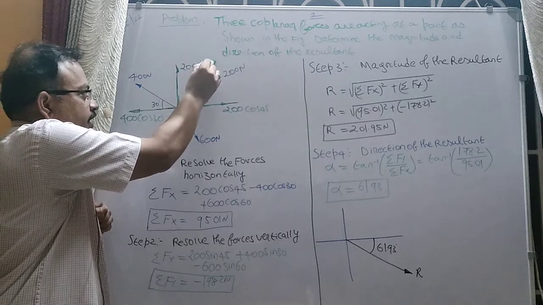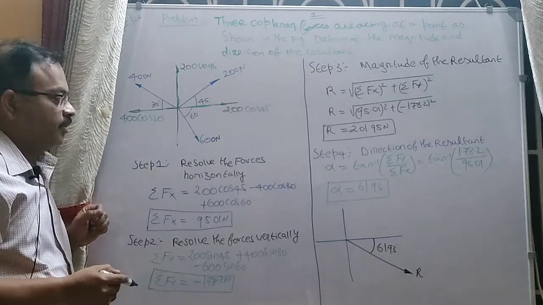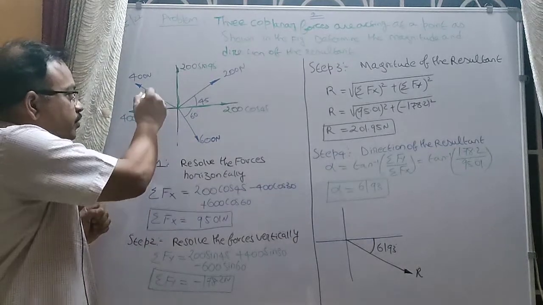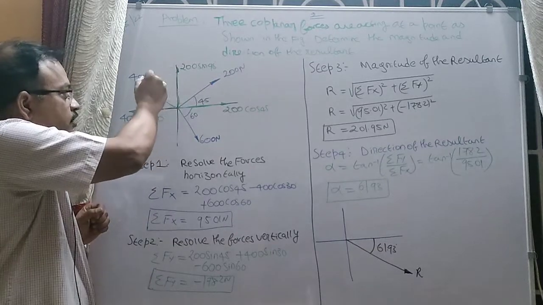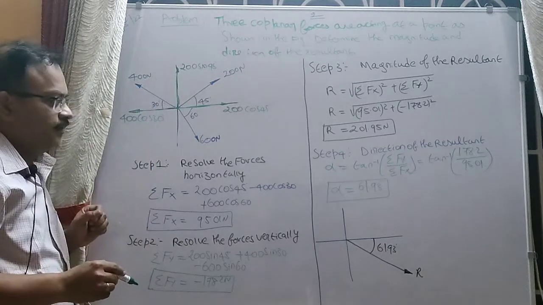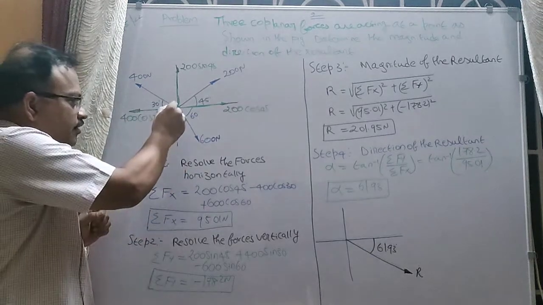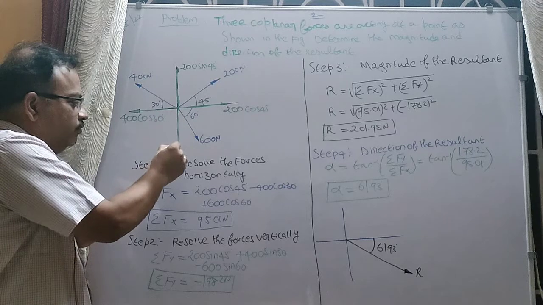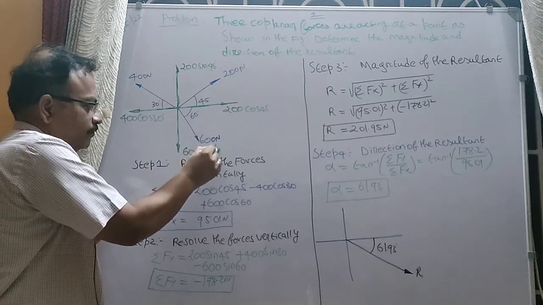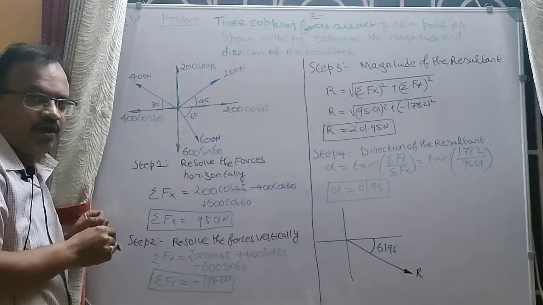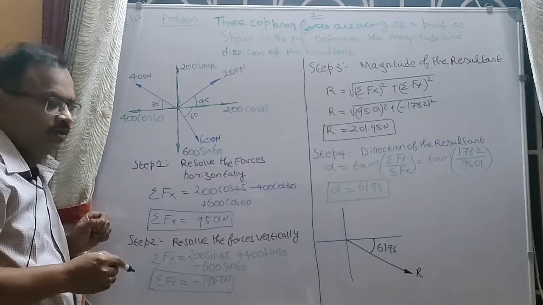A force acting vertically upwards is considered positive, so 200 sin 45 is positive. The 400 Newton force resolved vertically will also be acting upwards, so it will be 400 sin 30. The 600 Newton force resolved in the vertical direction will be acting downwards, so it will be 600 sin 60. Since it is acting vertically downwards, it is considered negative, so it's minus 600 sin 60.